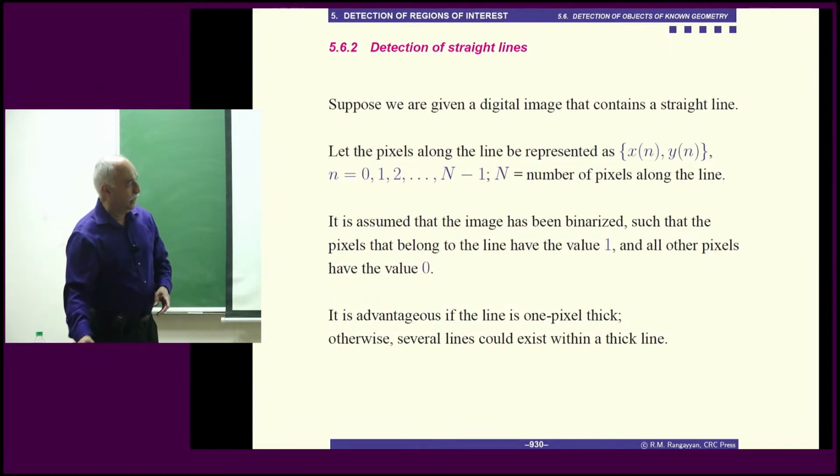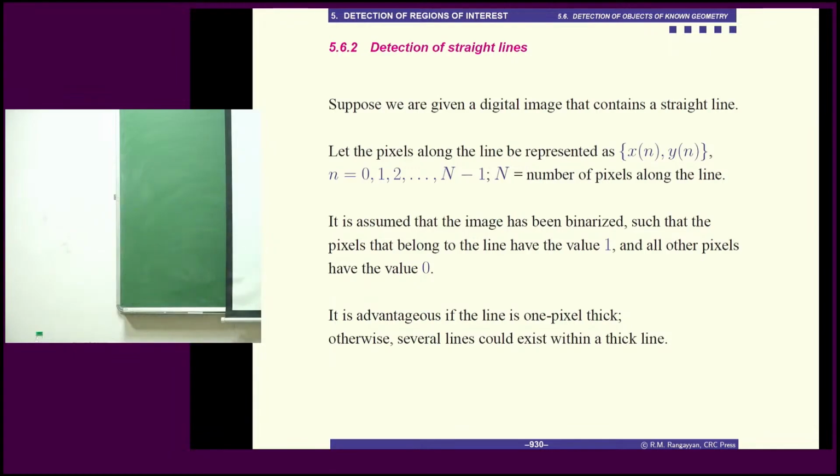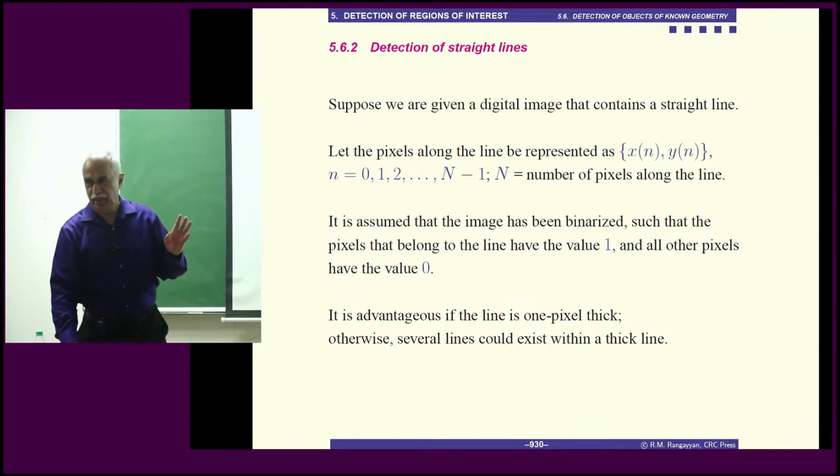Otherwise, the problem is, if you have a line that is thick, within this you can draw so many lines connecting all these pixels. You can even draw lines like that. So you get a bit of a mess in the Huff space, and then you find the best and still work.